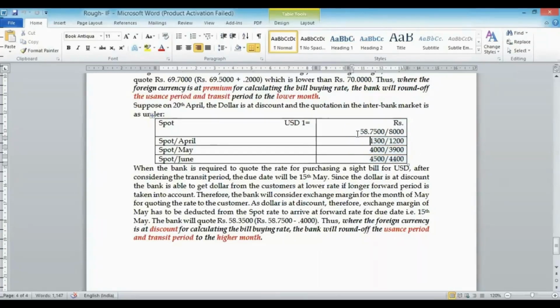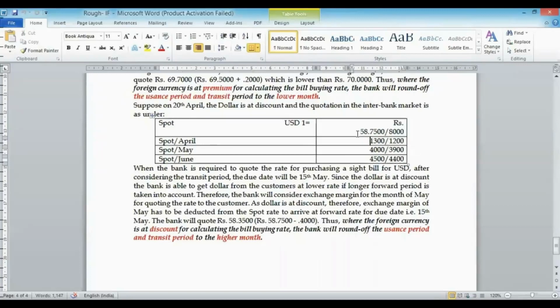So, for knowing whether the foreign currency is at premium or discount, we have to look at the preceding month rates, not the spot rate. Only the preceding month rates have to be considered.